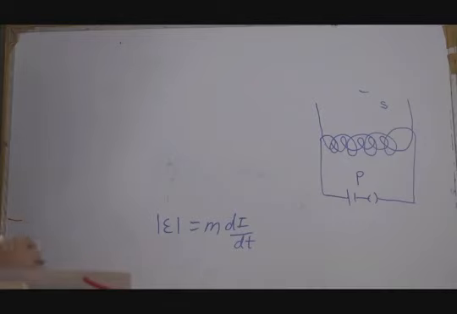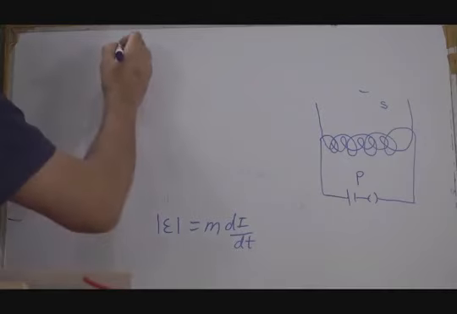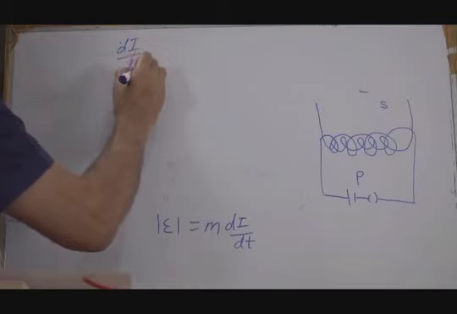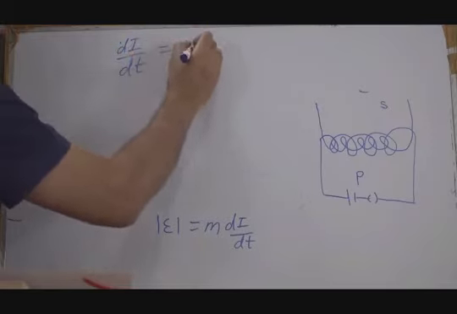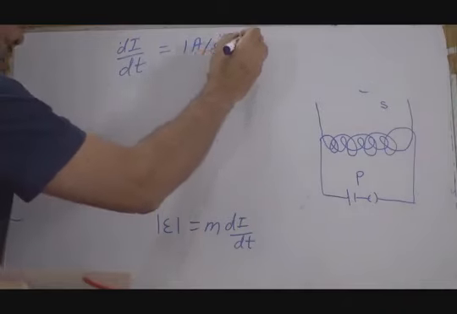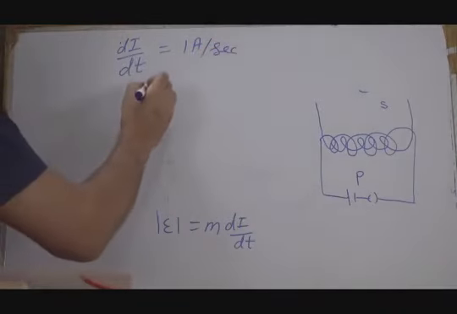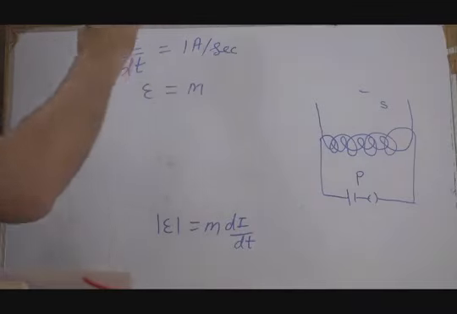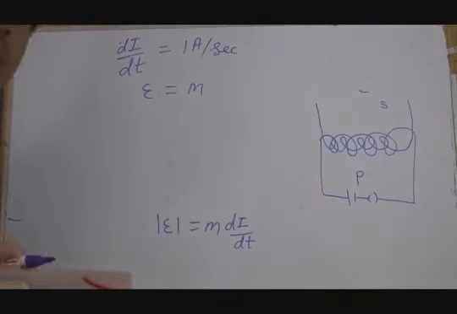Now, in this equation, if di by dt, that is the rate of change of current, is equal to 1 ampere per second, then magnitude of E will be equal to the coefficient of mutual inductance. So again, you can define the coefficient of mutual inductance.